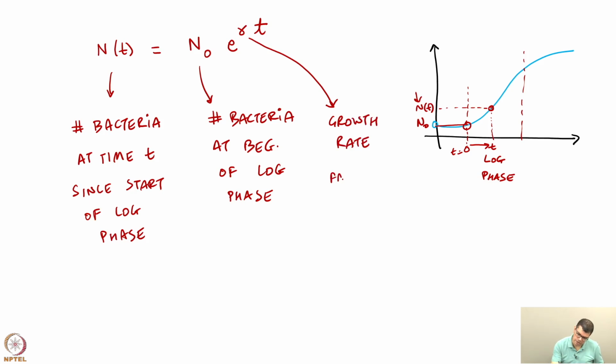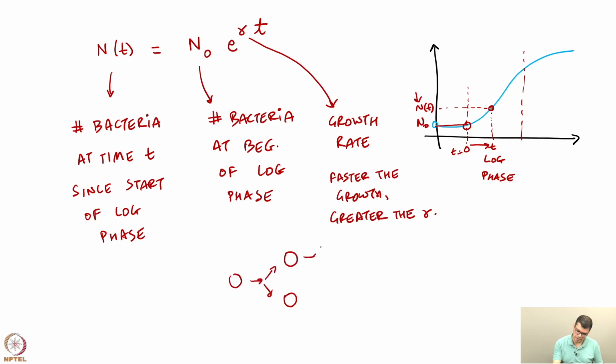So, faster growing variants, faster the growth, greater the R. Because as far as log phase is concerned, we have one bacterium which divides into two, but then this divides again and we have 4 and so on and so forth. This is the definition of log phase.